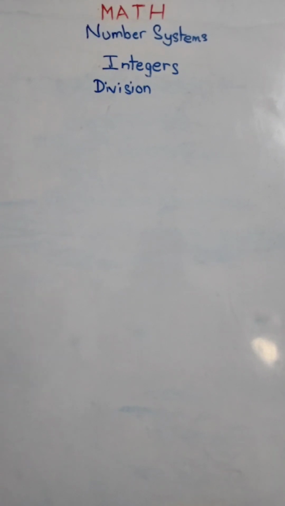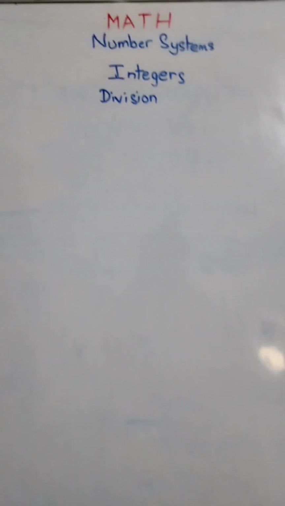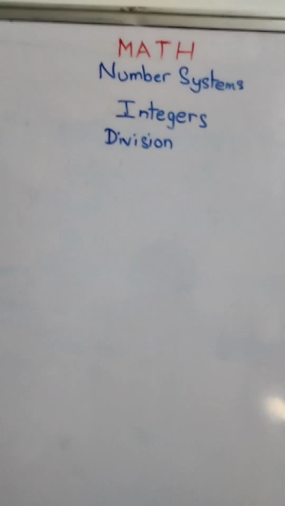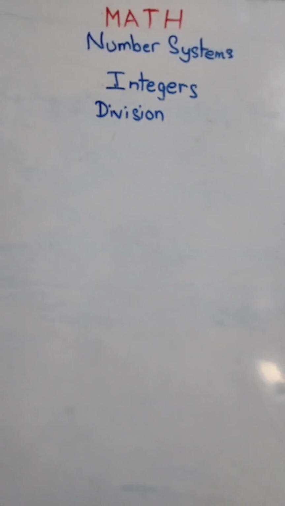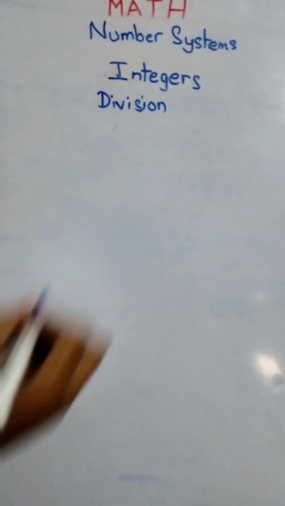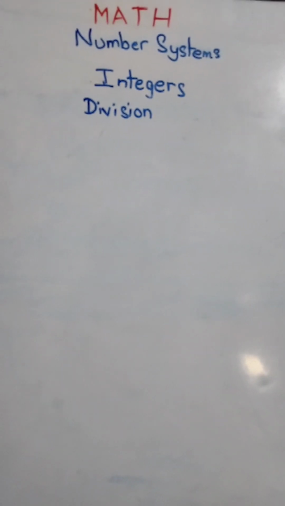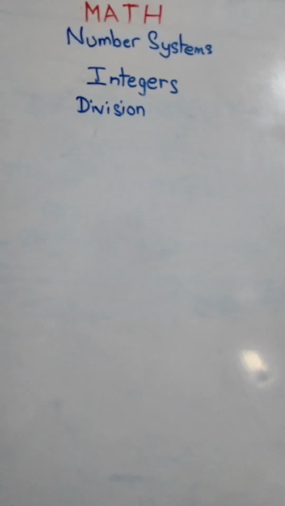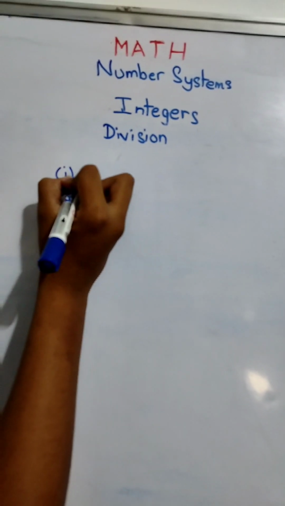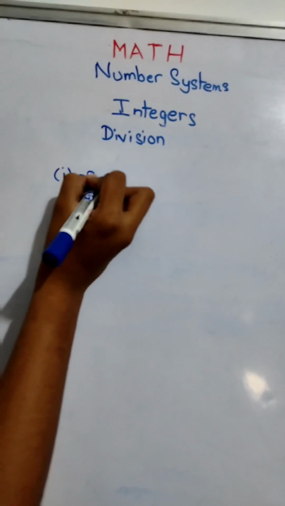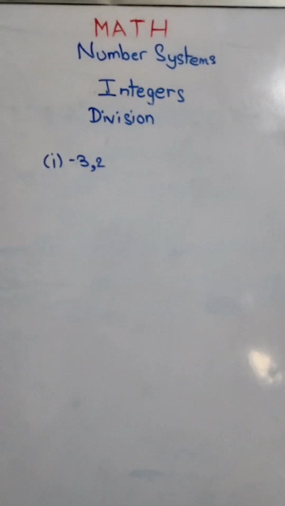Alright, now let's begin with division. Division in integers is a little complicated, but also not too complicated and not too hard. All we have to do to understand how to divide with integers is take an example first. Minus 3 and 2, as we have taken since the start of the video.